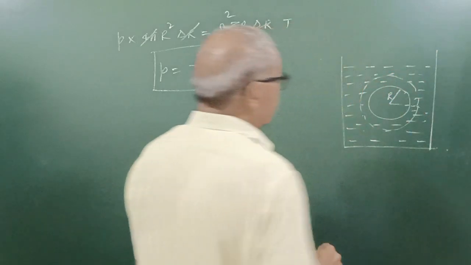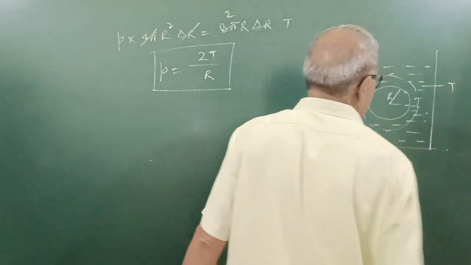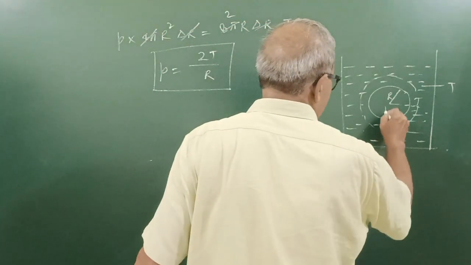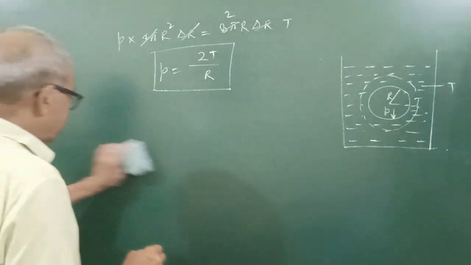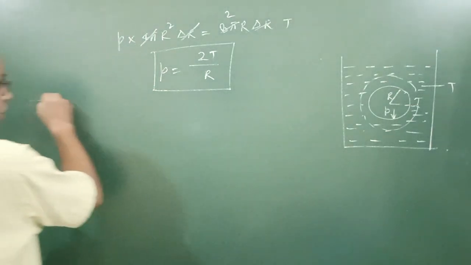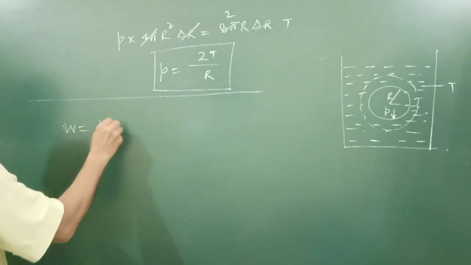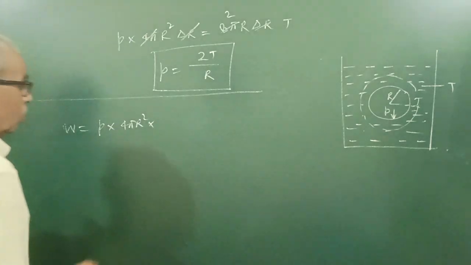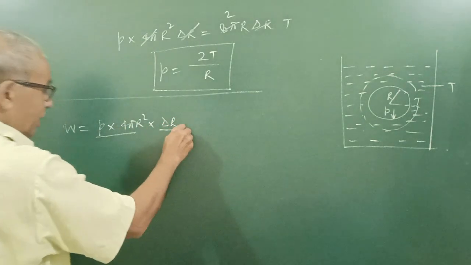In the same way, let the tension of this liquid be T. The extra pressure P is increasing the radius, so we compute work done. In the same way W is equal to P into 4 pi R square into delta R, force into distance.